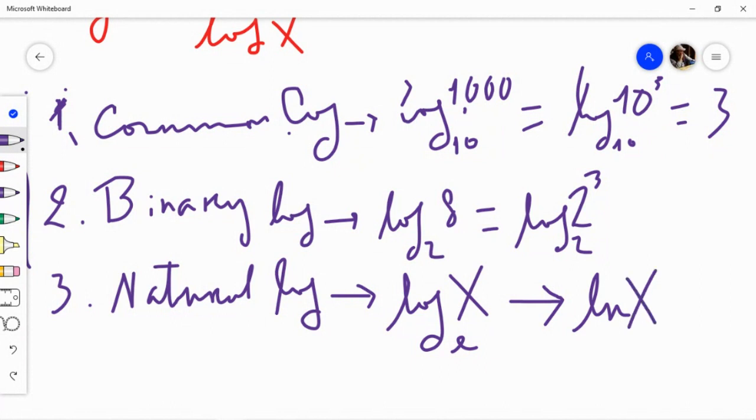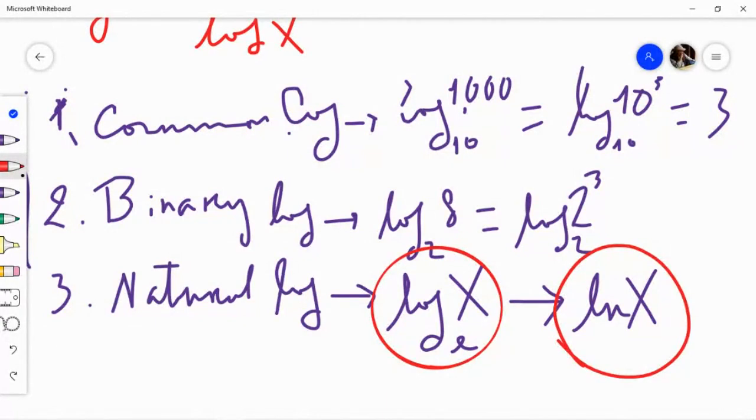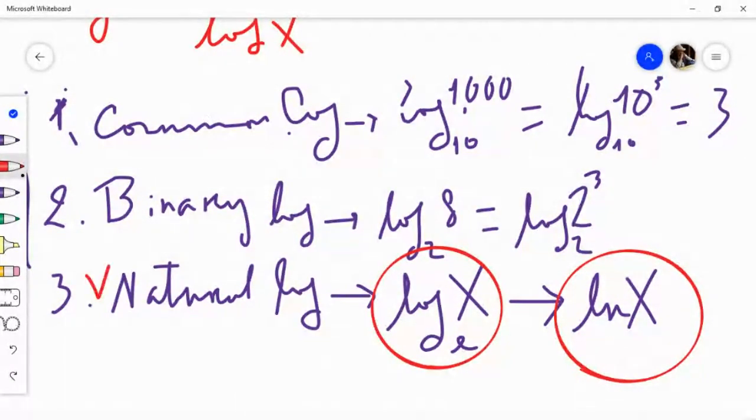So you can write it this way with base e, or you can write it this way. And this is our choice. We're going to use natural log to solve our problem.